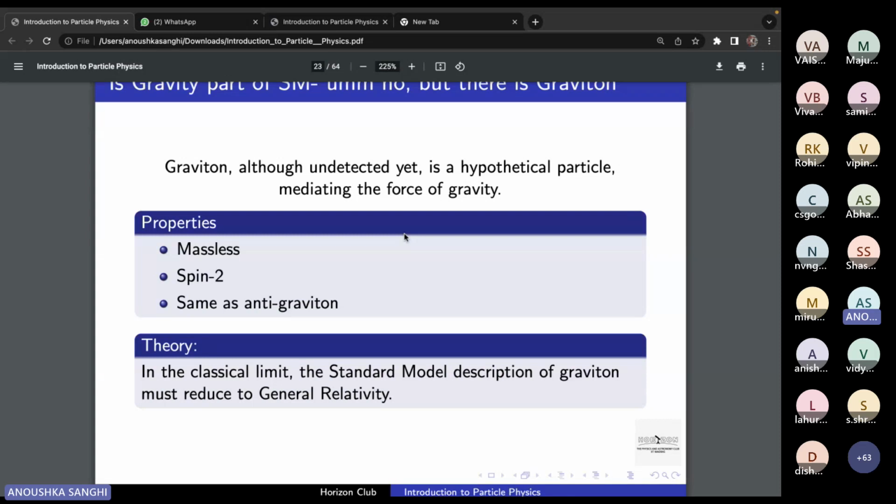Gravity is ridiculously weaker. It is super duper weak, and we don't know why. I don't know how many zeros, one upon how many hundreds I should include to compare it with nuclear forces and other forces. Since it's too weak, it becomes very tough to talk about in the micro world.